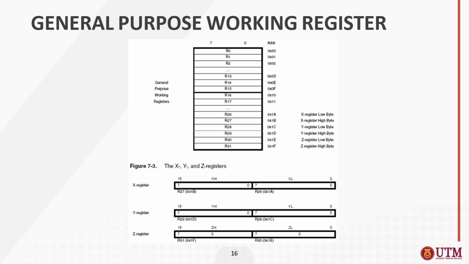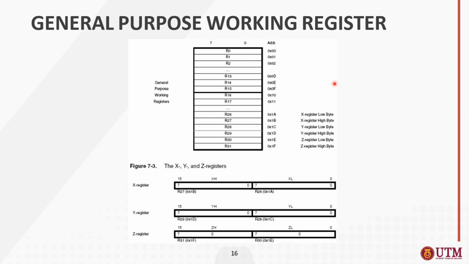The main purpose of the general purpose working register is to perform arithmetic, for example mathematical processes like plus, minus, divide, and so on. Then logic, for example conditional operations like if-else, and also some data manipulation operations. The registers also serve as operands for instructions like addition, subtraction, bitwise operations, and more.